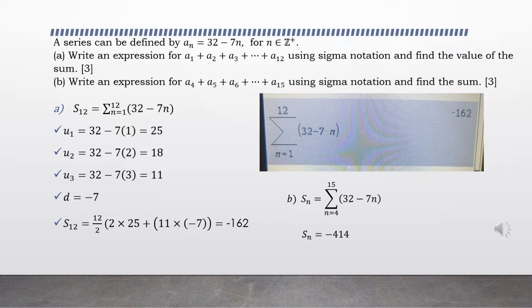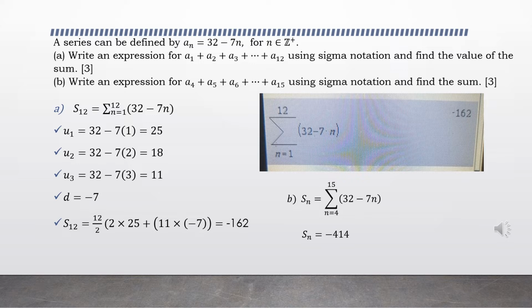There are two ways by which we can find the sum. The first one is by using the formula which you can find in your booklet for arithmetic series S sub n. But this will require us to find our u sub 1 and our d. So I already computed the first three terms and found it to be 25, 18, and 11 respectively, and this gives me the common difference, which is equal to negative 7.